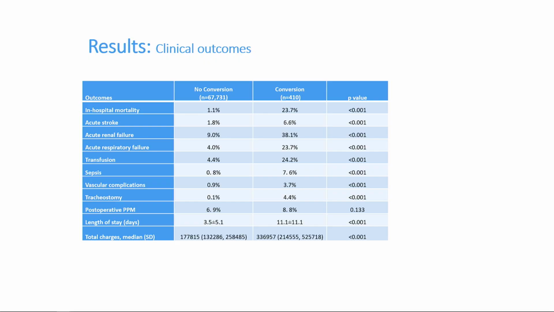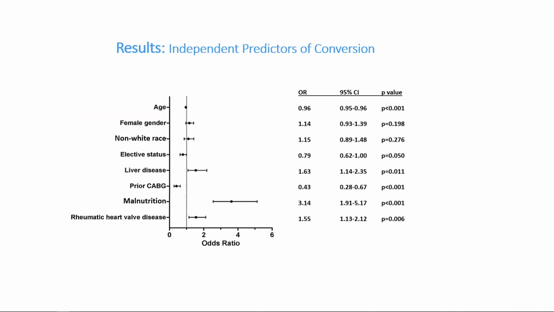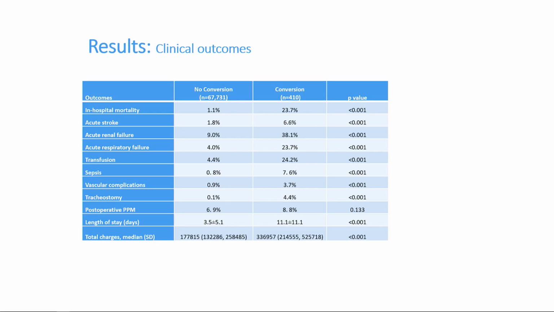Not surprisingly, the patients in the conversion group had much worse outcomes, including in-hospital mortality, which is much higher, and all the individual complications, except the permanent pacemaker rates, were similar between the two groups.